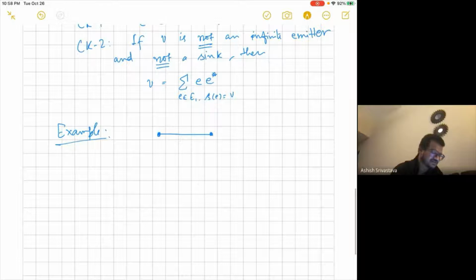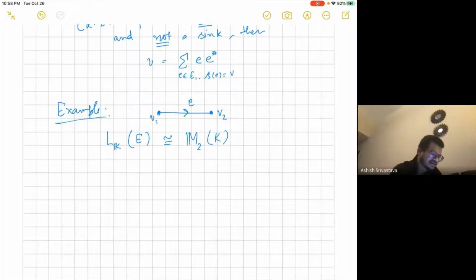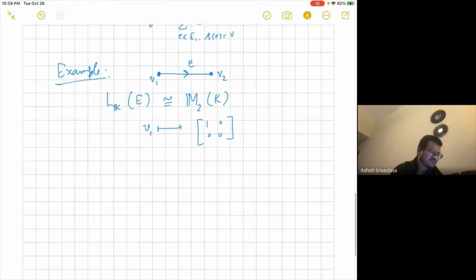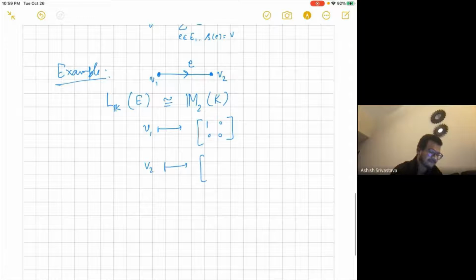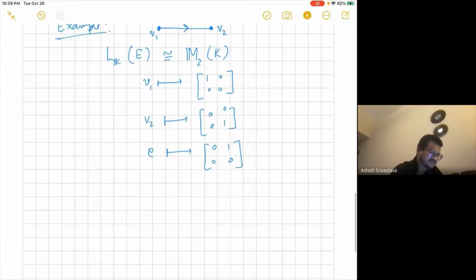Suppose I take two vertices, V1 and V2, and just this edge E. Then it's not too difficult to see that this Leavitt path algebra is just the 2 by 2 matrix ring over K. Under a very quick identification, you can associate V1 with the matrix 1 0 0 0, V2 with 0 0 0 1, E with 0 1 0 0, and E star with 0 0 1 0.